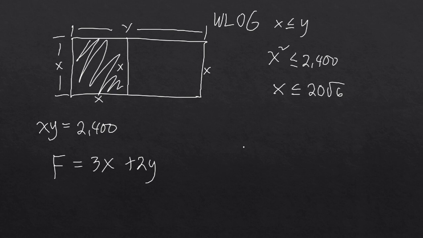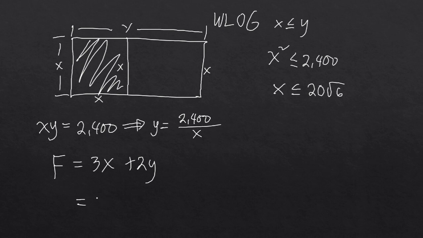But obviously, as you observe, this function involves 2 variables. So we need to do something so that this will only involve either x or y, and we will be using this one. So maybe we will just change y in terms of x, so y is equal to 2,400 divided by x.